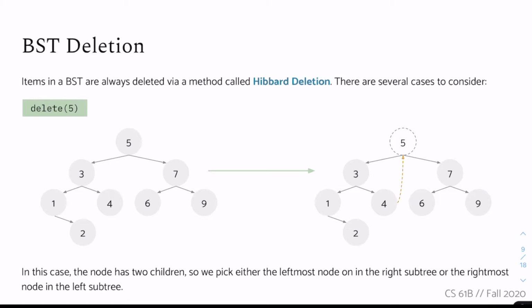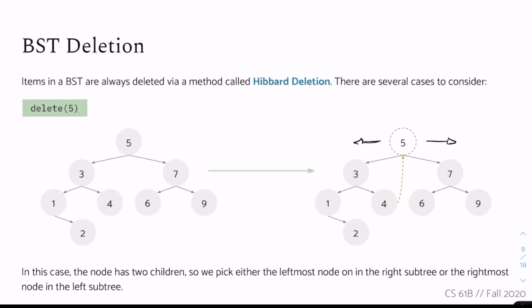Now, why is this the case? The idea is you want to reduce the amount of operations you have to do while still maintaining the BST structure, right? Remember what we said, it has 3 rules. The rules are everything to this side of our root has to be less than our root, and everything on this side has to be greater than our root.